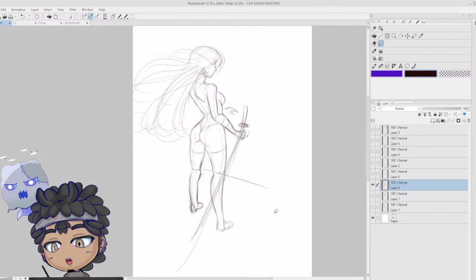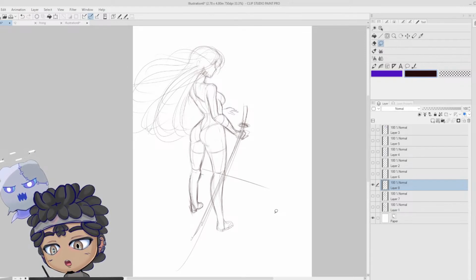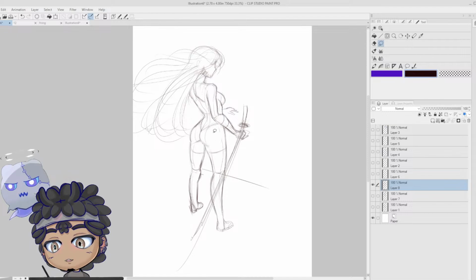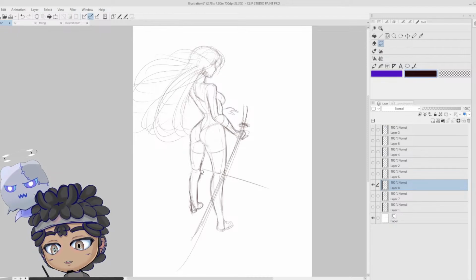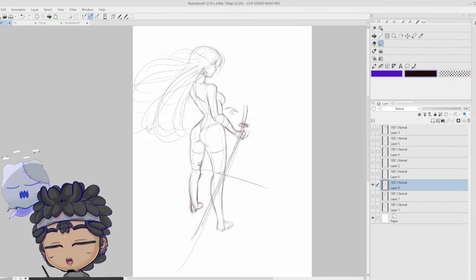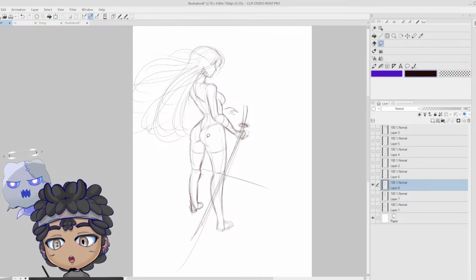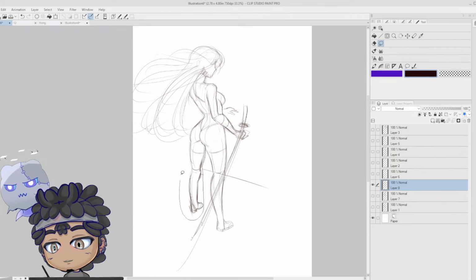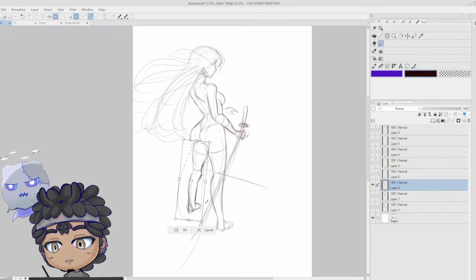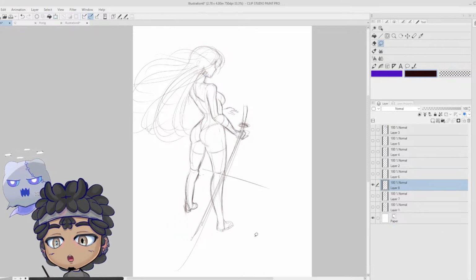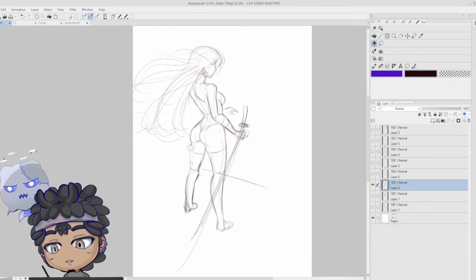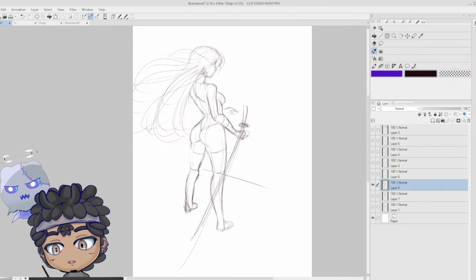I think it's because of how I constructed the top half and the bottom half. I should have made the butt a little more slanted. The legs should have been a little bit smaller and tilting, especially this leg here. It's too straight, so I would grab this leg here and then tilt it like this, like that.